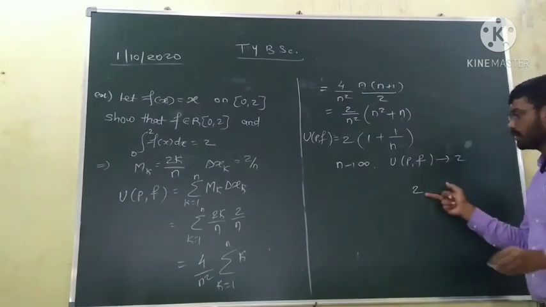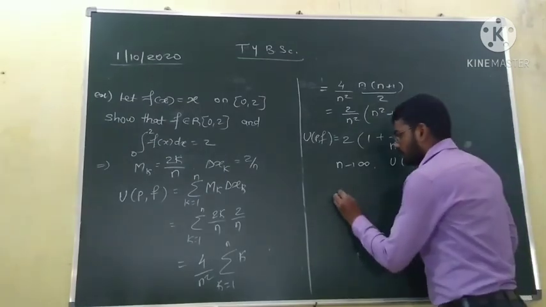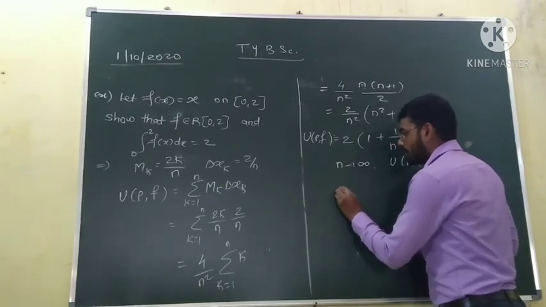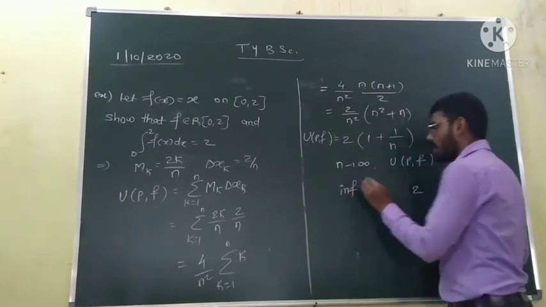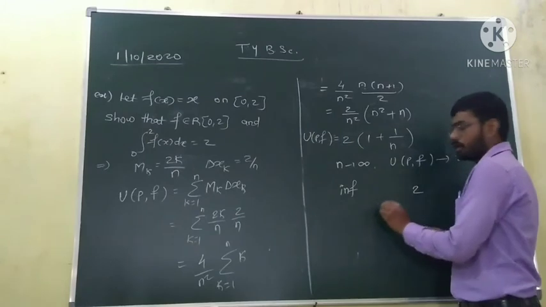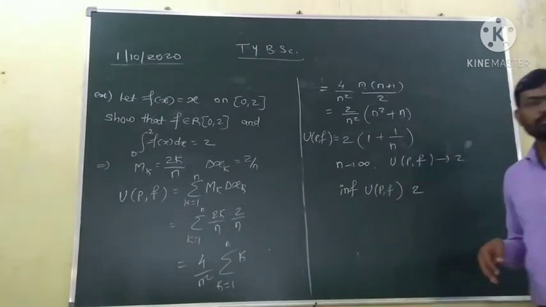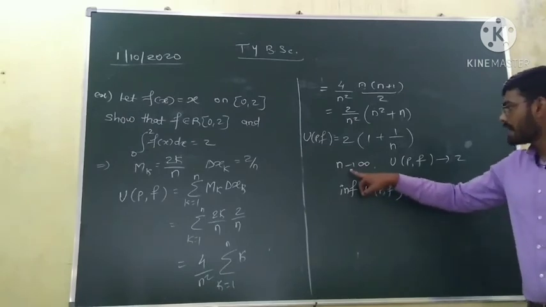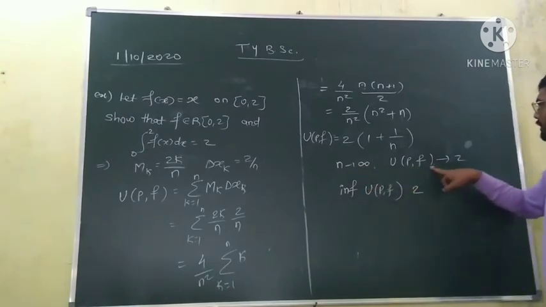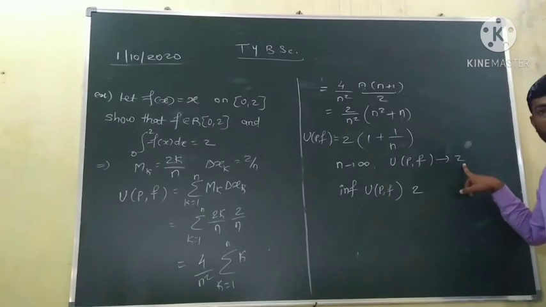So our greatest lower bound, or infimum, of the set of all upper sums. Here as n tends to infinity, the upper sum tends to 2.